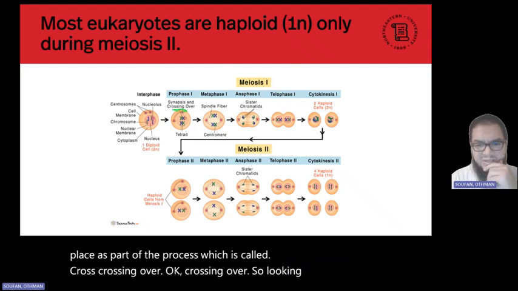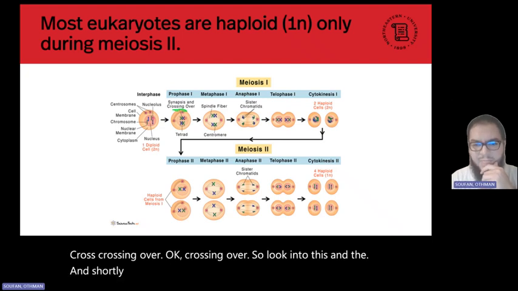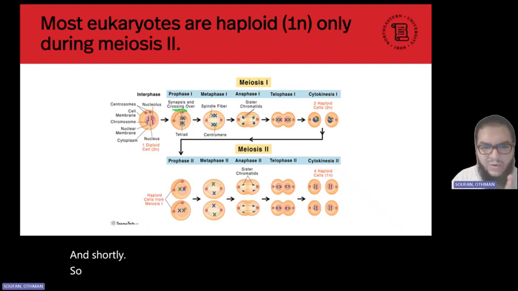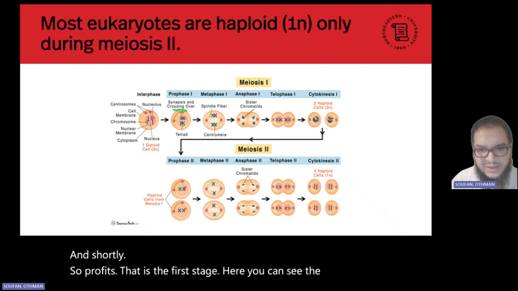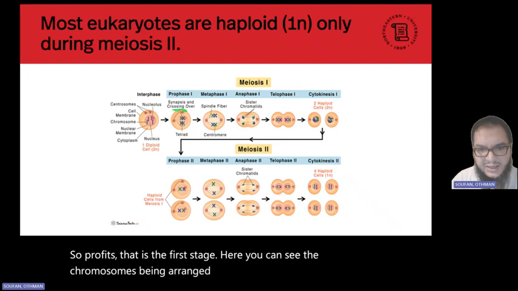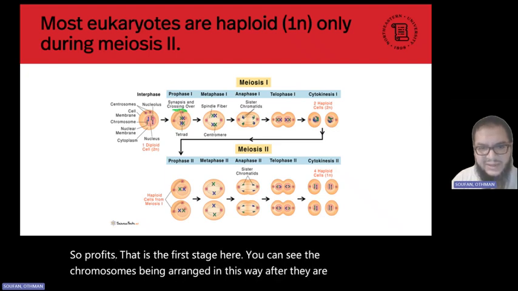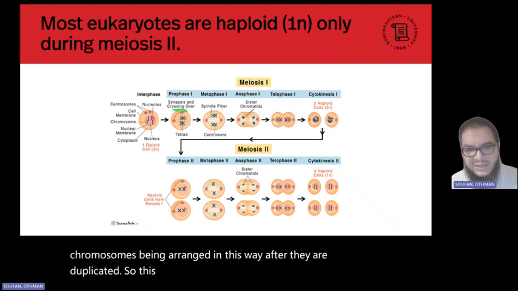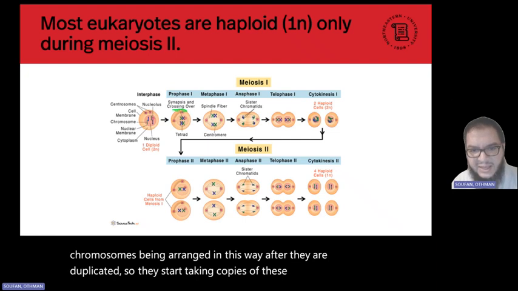We will look into this shortly. Prophase is the first stage here. You can see the chromosomes being arranged in this way after they are duplicated. So they start taking copies of these chromosomes.